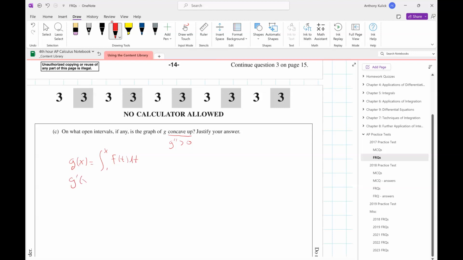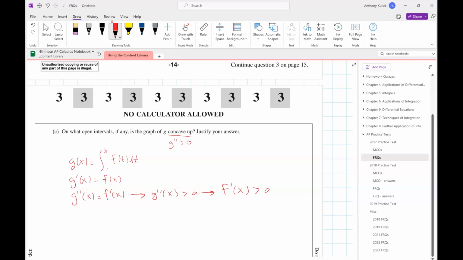We know g prime of x is equal to f of x. So g double prime of x should be f prime of x. So if we want g double prime of x greater than 0, that's the same thing as looking at f prime greater than 0.